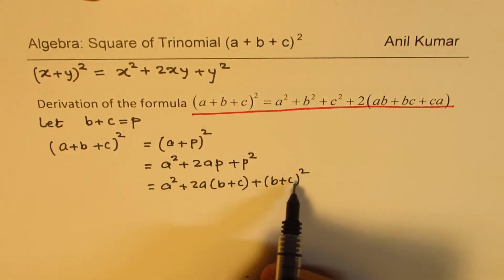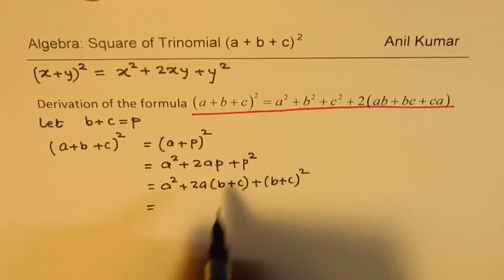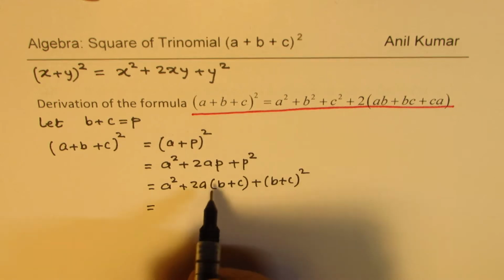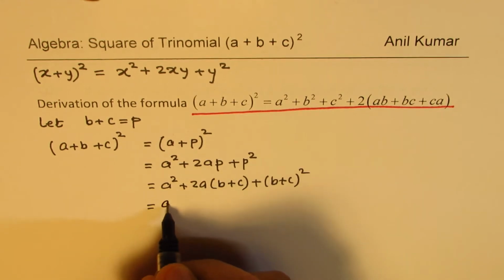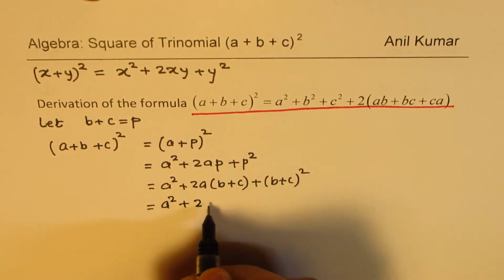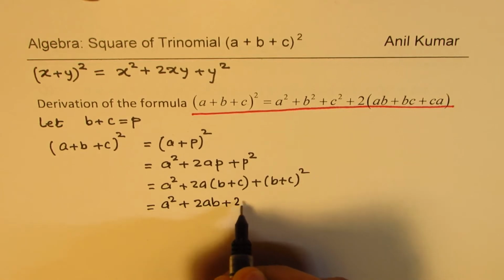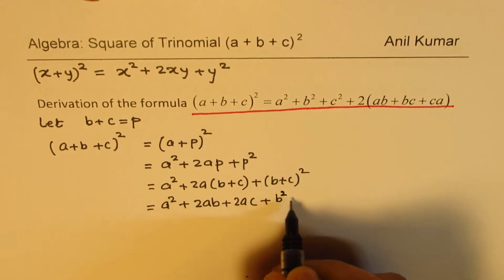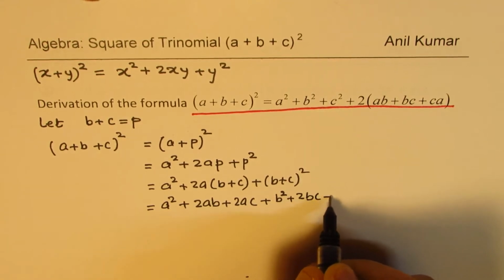We'll expand using the distributive property, so we get a square plus 2ab plus 2ac, and that gives you b square plus 2bc plus c square.